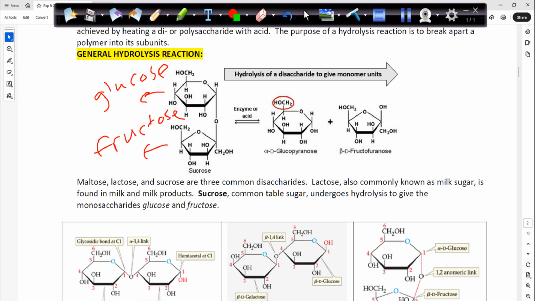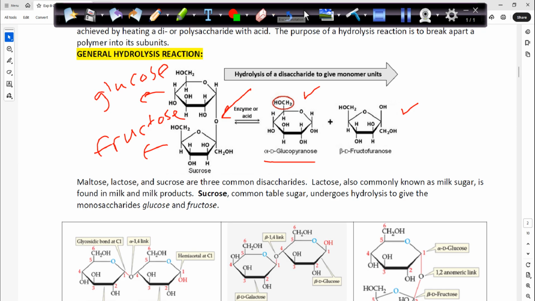Combine them through this link, and then when you hydrolyze them, with enzyme or acid, as you will do today in acid, you get out of this the original one glucose and one fructose.